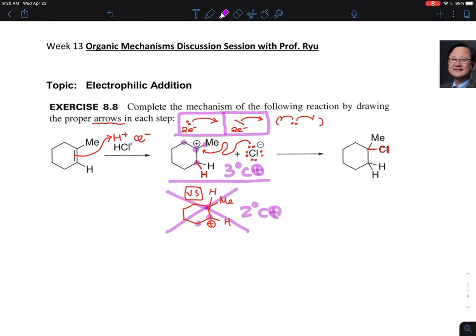So the story is actually simplified. Okay, there is a double bond, and this chlorine should form after being protonated.